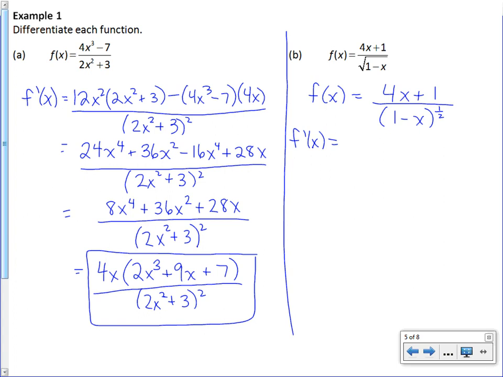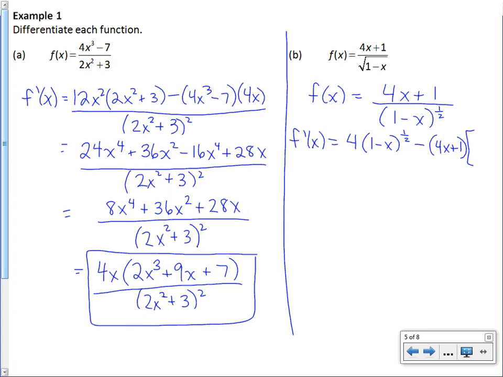Derivative of the top, 4, times the bottom, 1 minus x to the half, minus the top. I copy the top as a package, times the derivative of the bottom. So the bottom is blah to the half, so I treat it like chain rule.